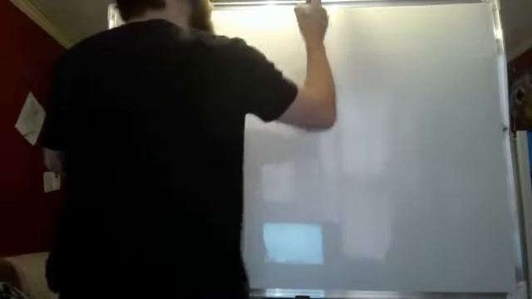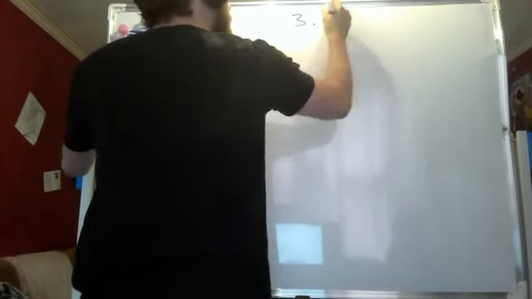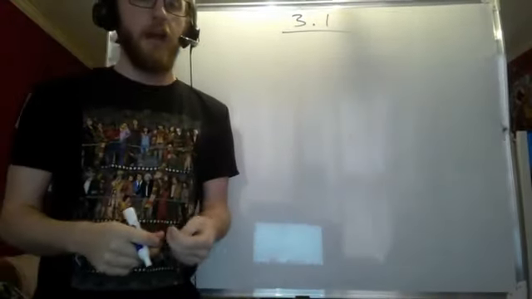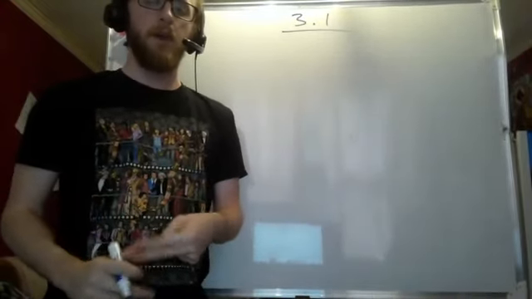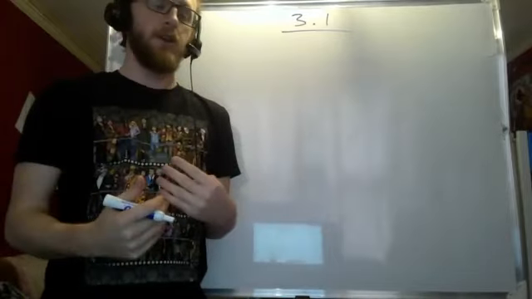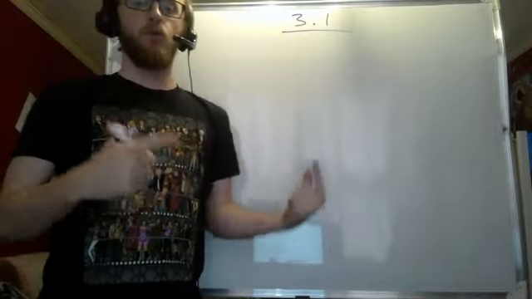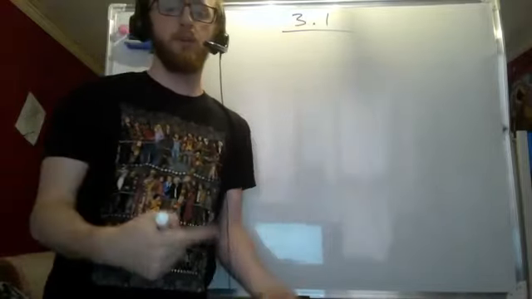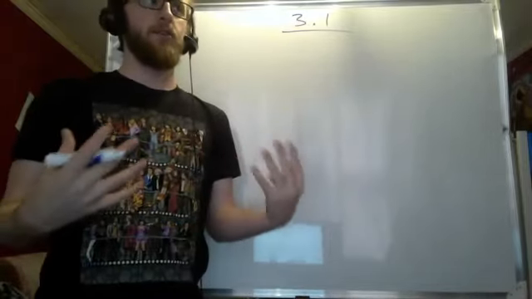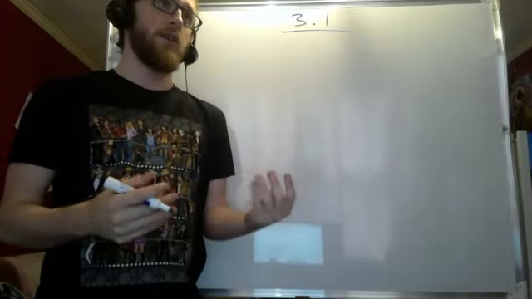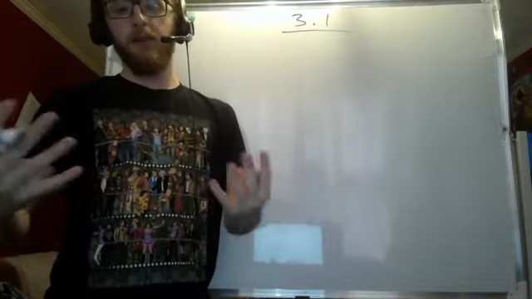I'll also go ahead and warn you, because in section 3.1 we're really just covering these two rules, the product rule and quotient rule, we don't have as much material to cover. So I'm also going to take the time during this lecture to give you a little proof for why these rules are true and why they work. This is not material you're going to be tested on, so you don't have to write that down or remember it.